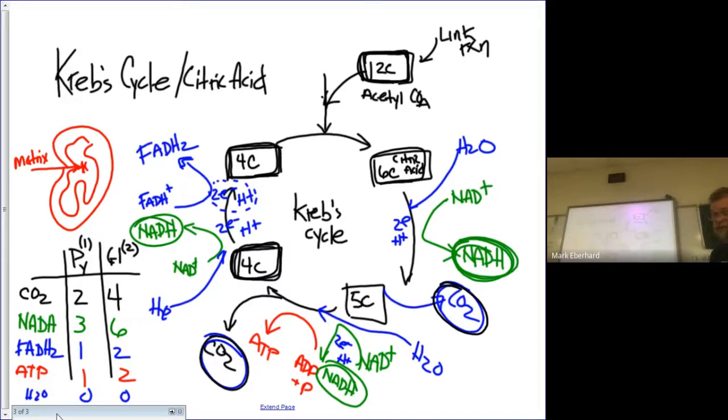Still not enough to support something as complex as ourselves. So the final step, what's often referred to as the electron transport chain, is where we're going to get the bang for the buck. This is where we're going to take all that NADH and FADH2 and convert it into usable energy in the form of ATP.